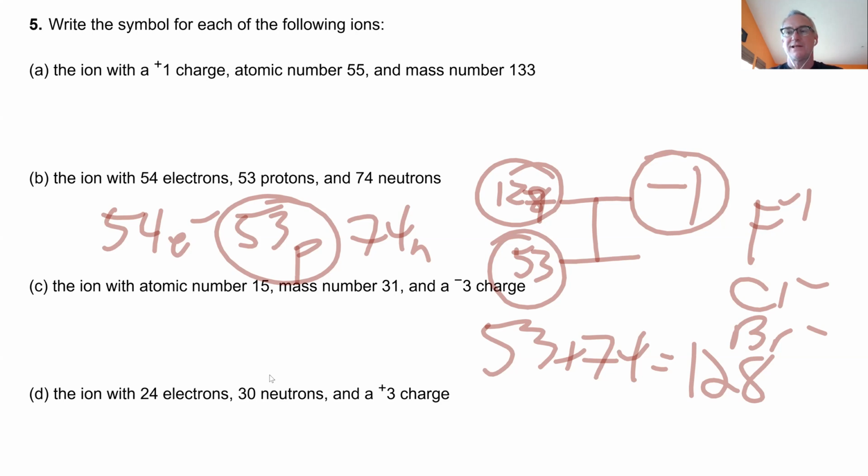Wherever you grew up, a lot of people do 2 negative, 3 negative. That's an accepted way of doing it. I think the Western way of doing it is the charge first and then the number second, but either way is fine. They're both legitimate. As long as you have the number and the right charge, you're good.